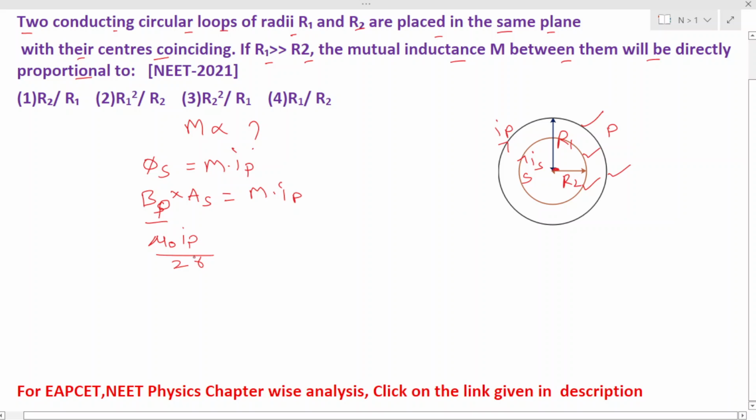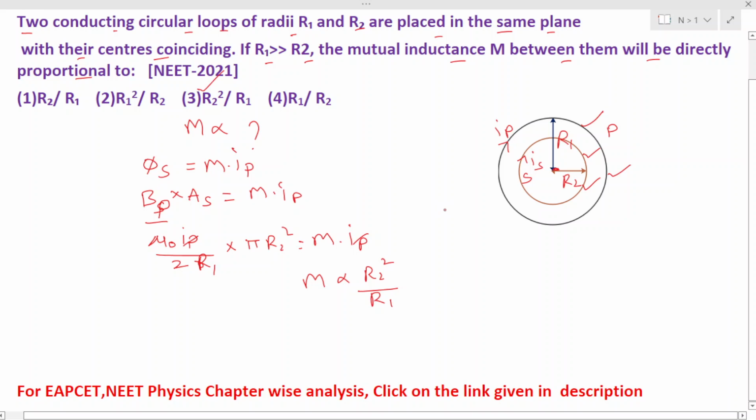What is R? R is the radius of the primary coil, that is R1, into the area of the secondary coil, that is pi R2 square, equal to M into Ip. Okay, this Ip will get cancelled. So from this we can write mutual inductance M is proportional to the radius of the secondary coil R2 square by the radius of the primary coil R1. Okay, so the answer for this is the third option.